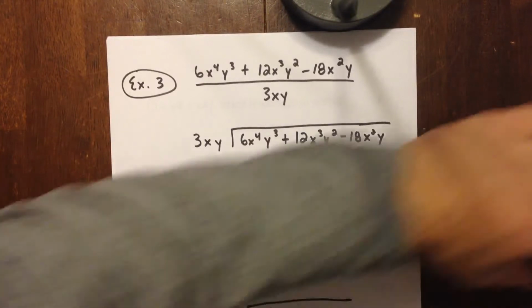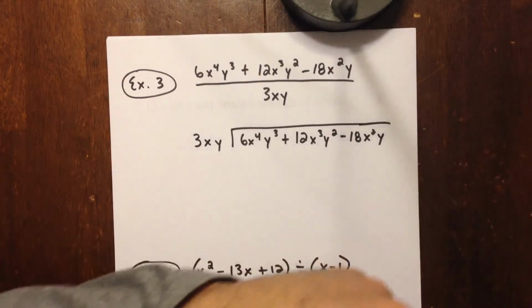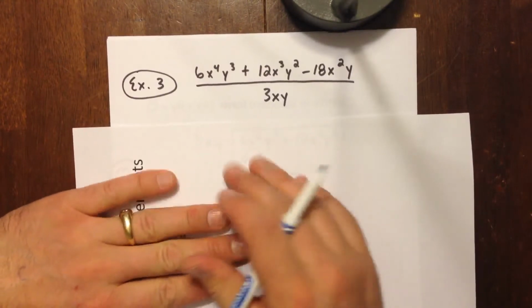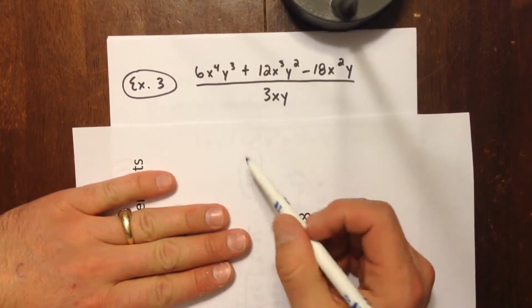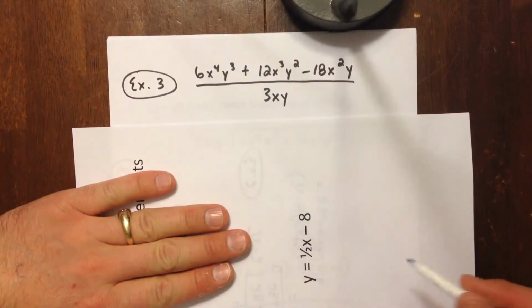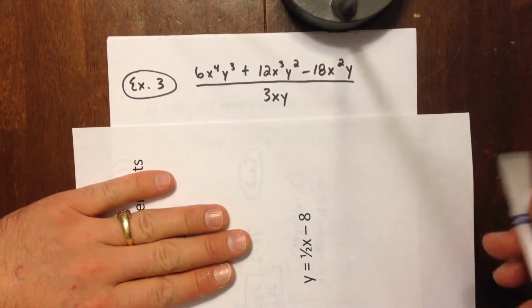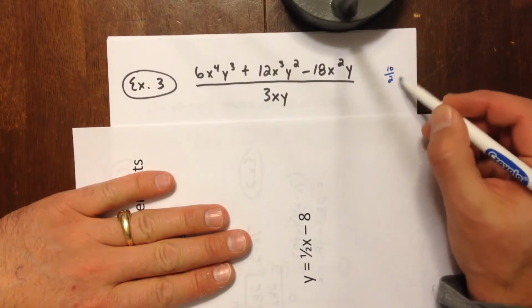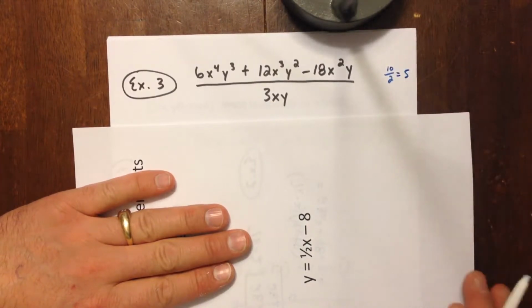Okay, so sometimes, disregard what's on this paper, but sometimes you'll see a division problem stated as a fraction, and that's no big deal. I mean, back when you first started dividing, 10 divided by 2 makes 5, right?